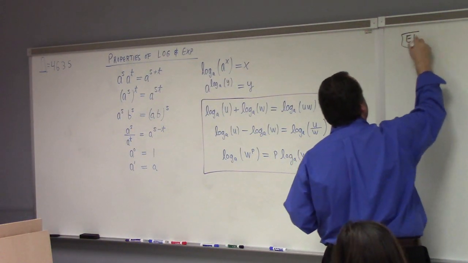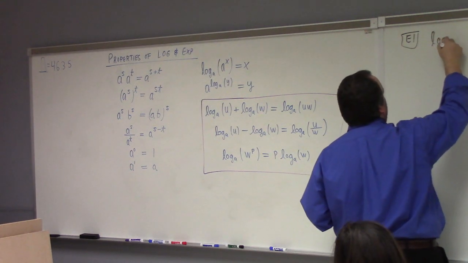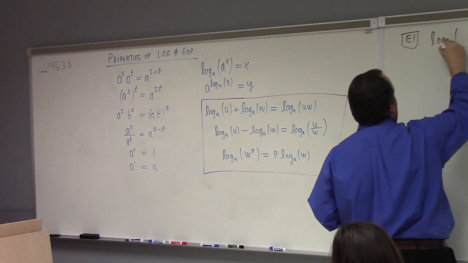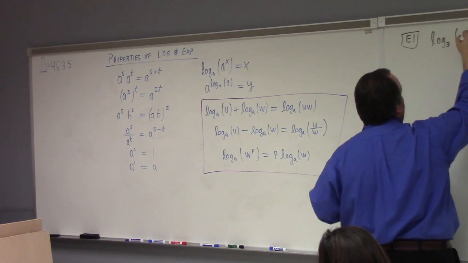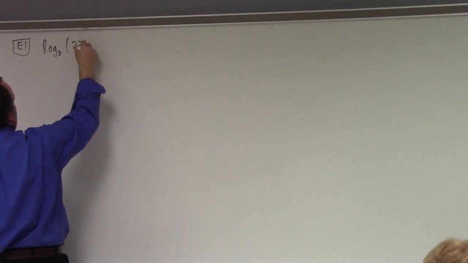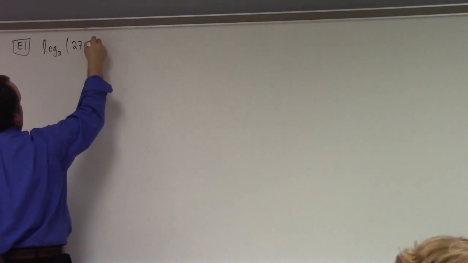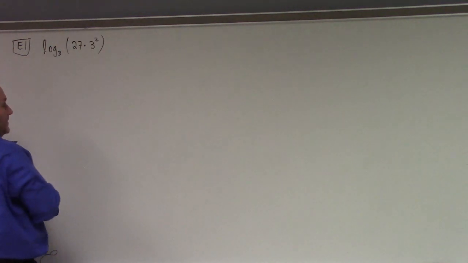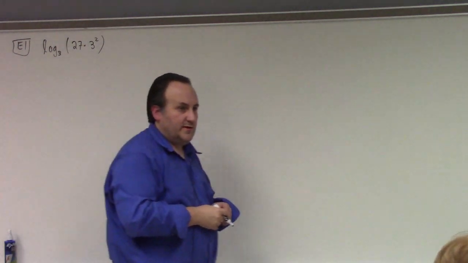Example 1. If I have log base 3 of, let's say, 27 times 3 squared, right? What can I not do?